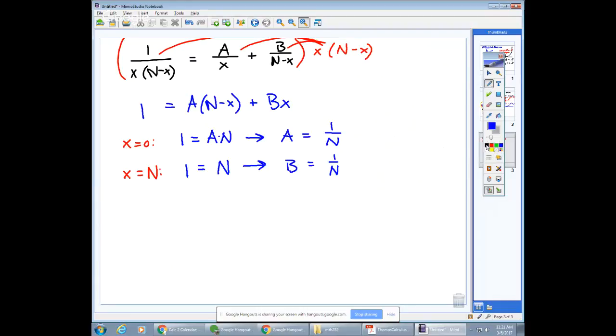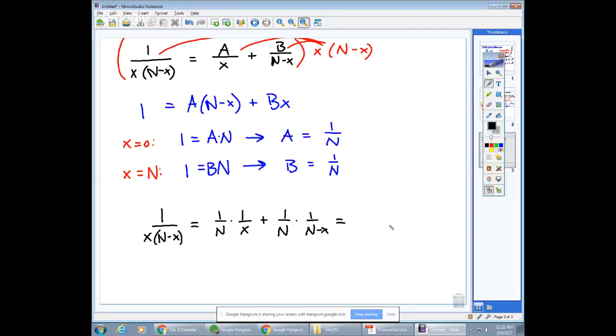So that means I can rewrite, oops, I missed my B there, BN, 1 over x times N minus x, as 1 over N times 1 over x plus 1 over N times 1 over N minus x.